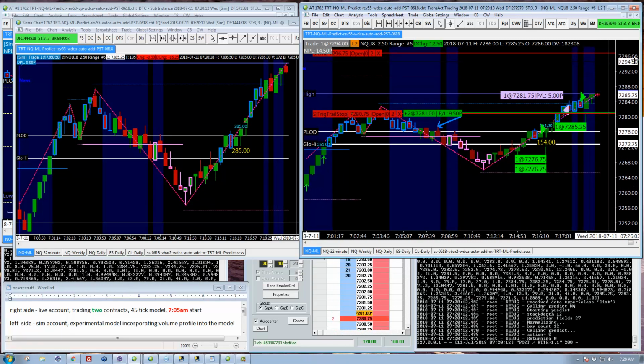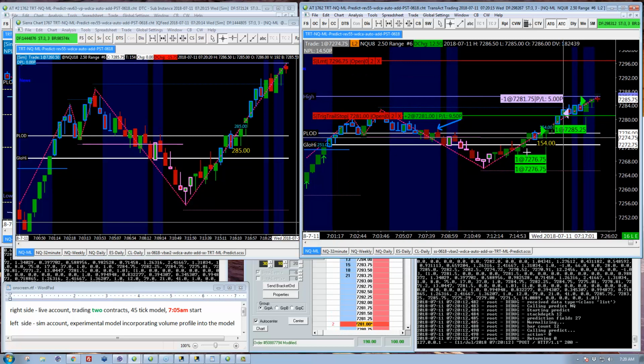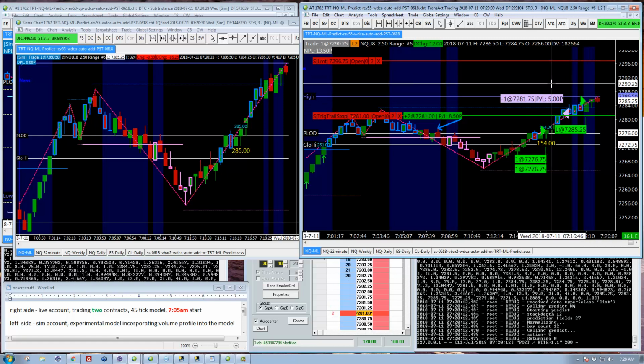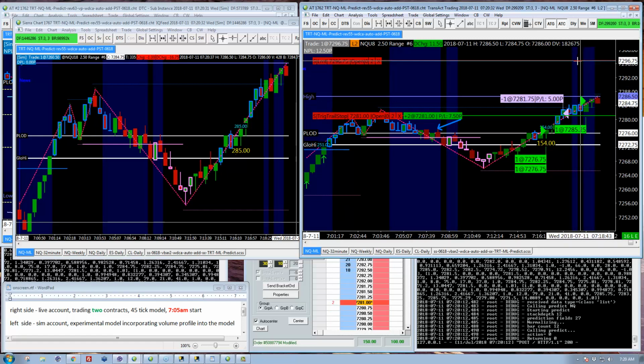And then one issue I have with the scaling out is that when we first do the add, what we want to do when we do the add is move this target out to 80 ticks from the new break-even level, but I can't get that to work quite correctly if I'm scaling out like that.